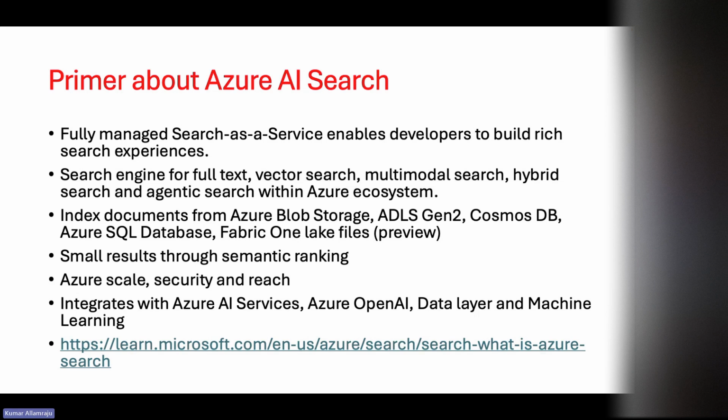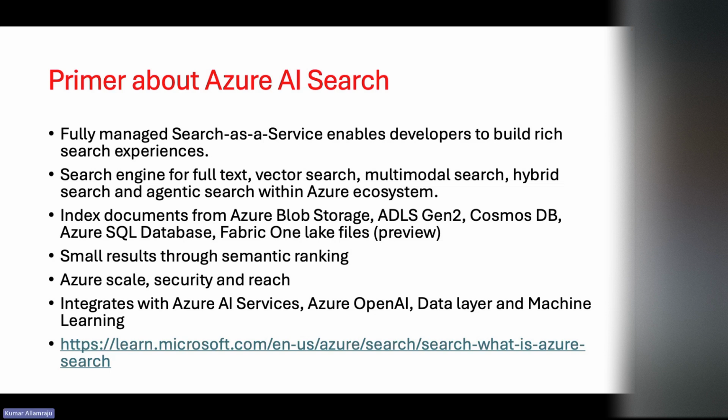Today, it supports uploading your input data from, let's say, your local file system, although that's okay for POCs. Essentially, you upload the data into Azure Blob Storage, ADLS Gen2, Cosmos DB, some of these data sources that we support today. And then you can enhance the search using semantic ranking.